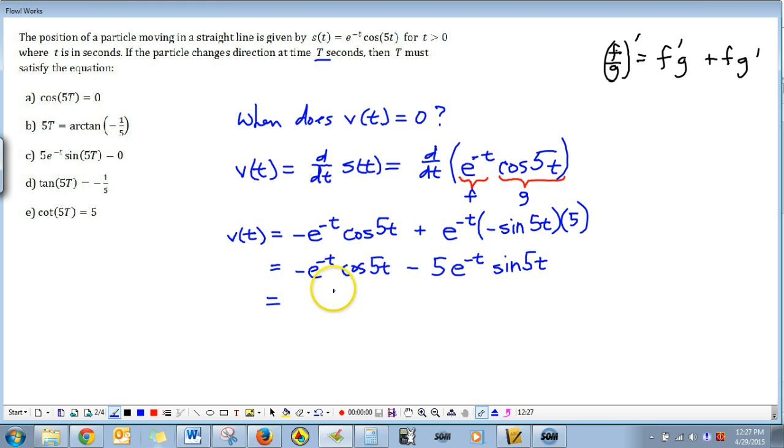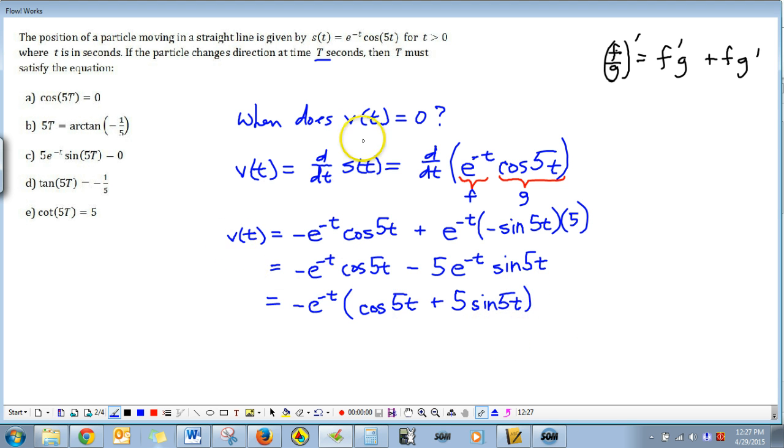And we can factor out an e to the negative t. Actually, we can factor out a negative e to the negative t. And we'll have cosine of 5t plus 5 sine 5t.